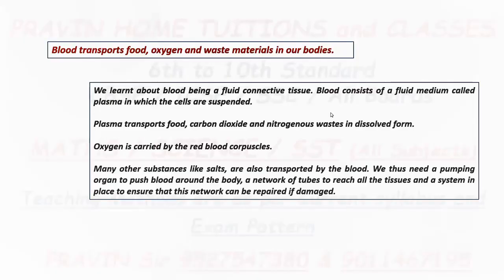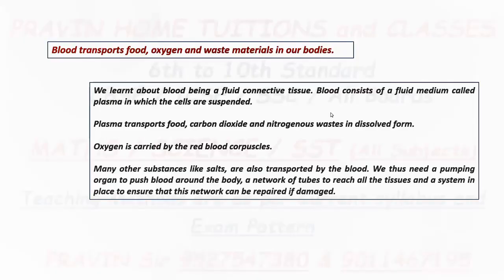So for this, we need a pumping organ to push blood around the body, and a network of tubes which circulates blood to all organs or tissues of the body.